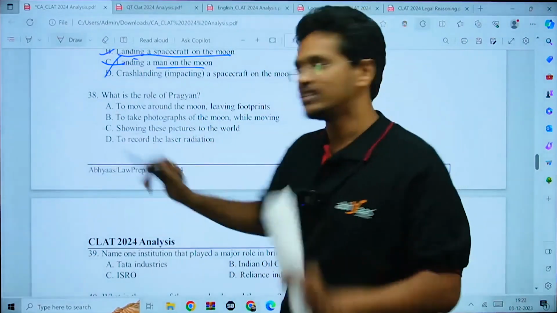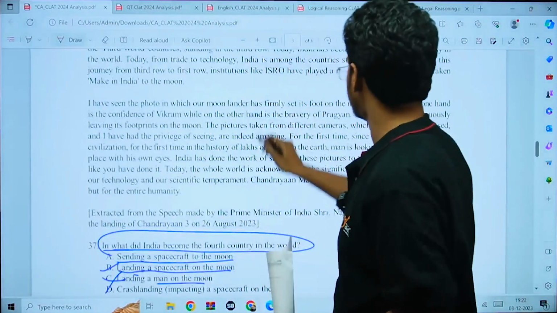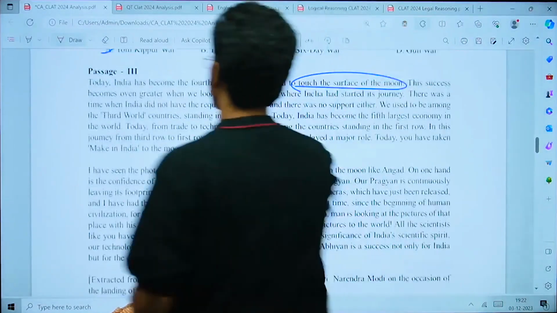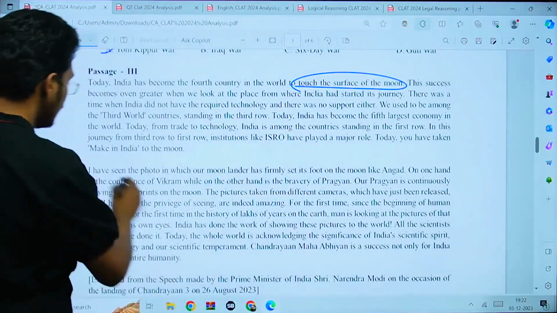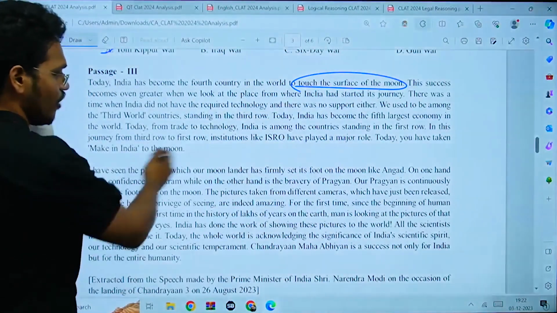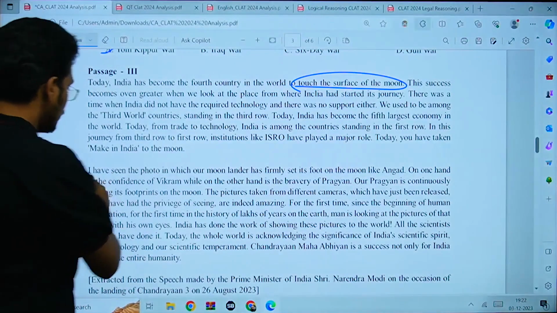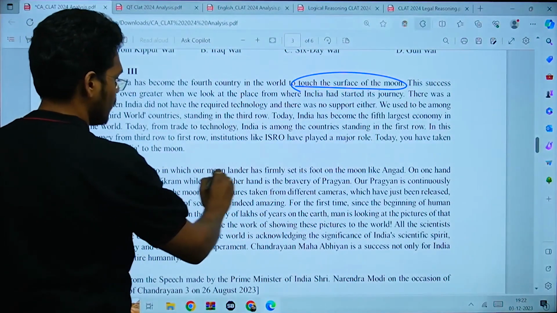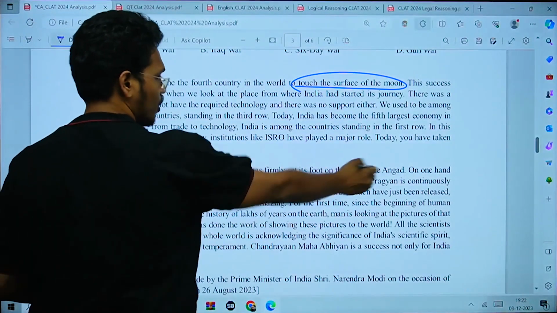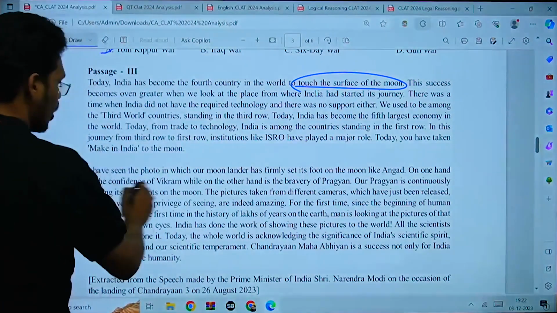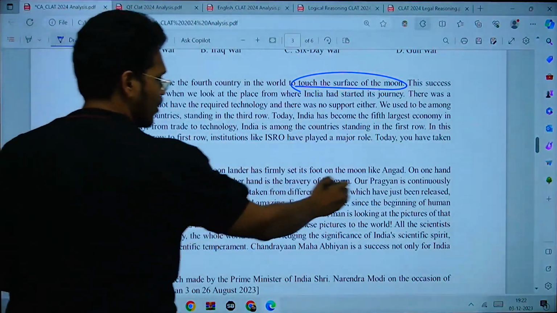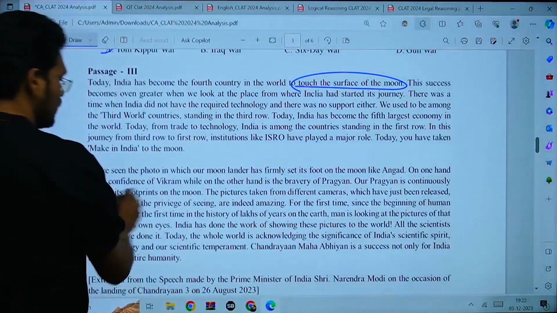If you don't know the answer, let's go back to the passage where it has been clearly given. These are statements of our Prime Minister Modi. I have seen the photo in which our moon lander has finally set its foot on the moon. On one hand is the contents of Vikram, while on the other hand is the bravery of Pragyan. Our Pragyan is continuously leaving its footprint on the moon.